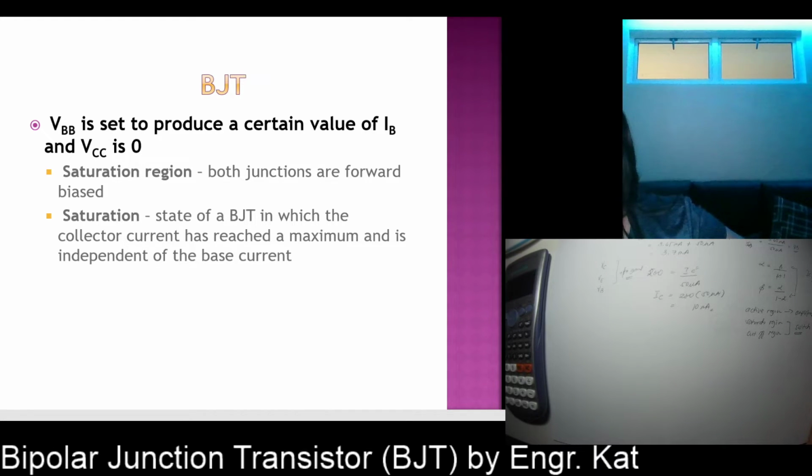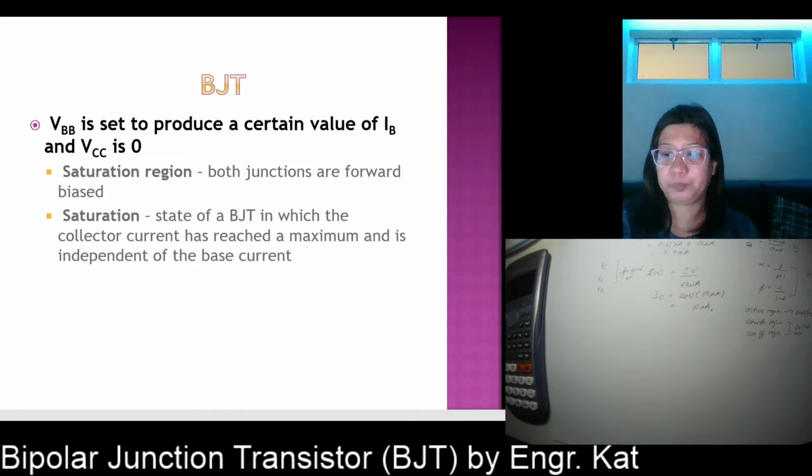What do we mean by maximum current? Your circuit is in the on state. Okay, so VCE is 0, but your IC is maximum. What do we mean when your IC is maximum? That means you have a short circuit. Short circuit means your switch is in the on state.